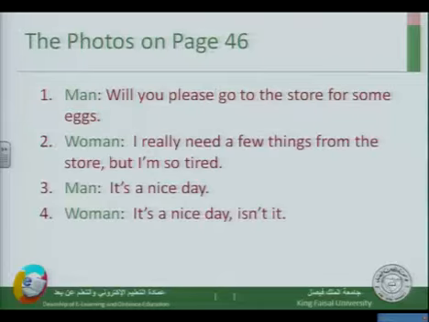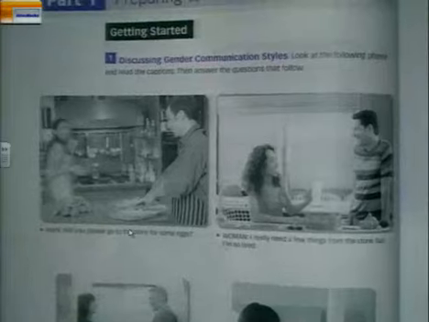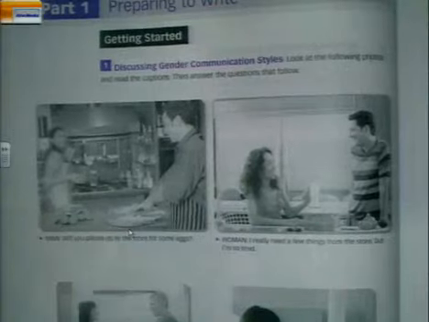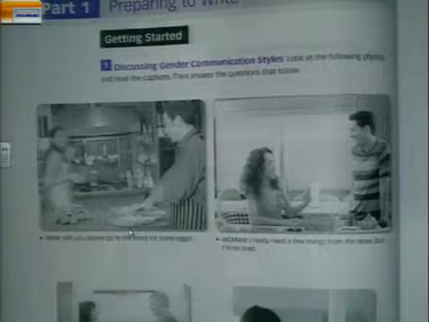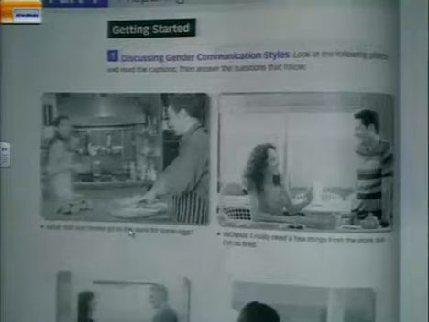If you look at the photos on page 46, let me just turn to the photo here. You will find that you have a bunch of photos, and if you look at this one, for instance, the first one to your left, you see that a man is basically speaking to a woman in a kitchen, and as you can see under the photo here, the man says, "Will you please go to the store for some eggs?"